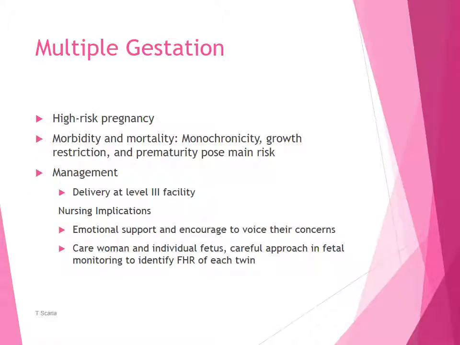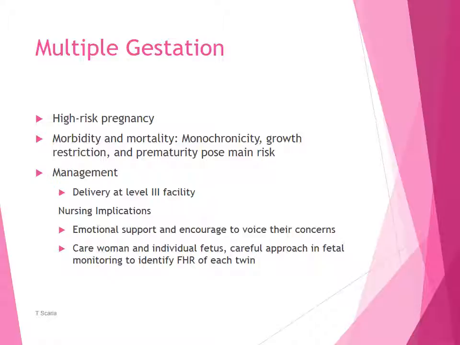Multiple gestation is considered a high-risk pregnancy. Morbidity and mortality are high, and monochorionicity, growth restriction, and prematurity pose the main risks. What is monochorionicity? It is the presence of one chorion.